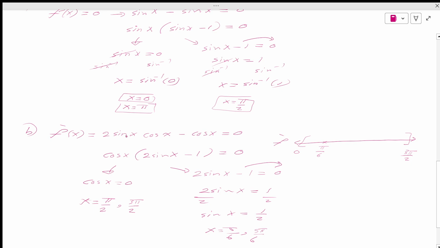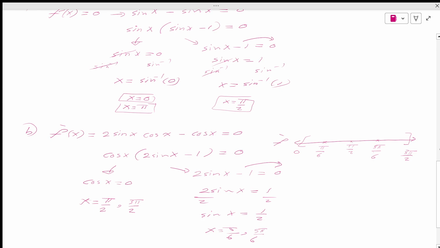We will place pi over 2 as well as 5 pi over 6. Now you have to check the sign of f prime in between, so you have to apply angles in between these critical points and you have to substitute them in f prime of x.